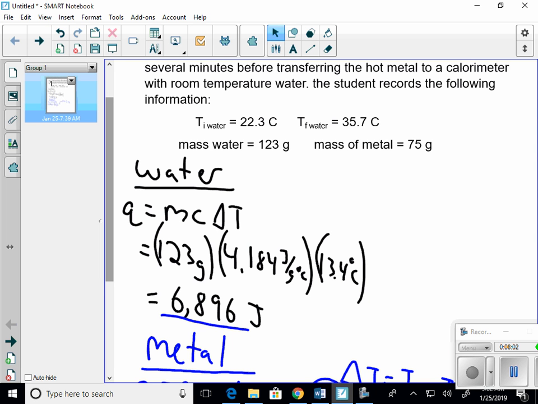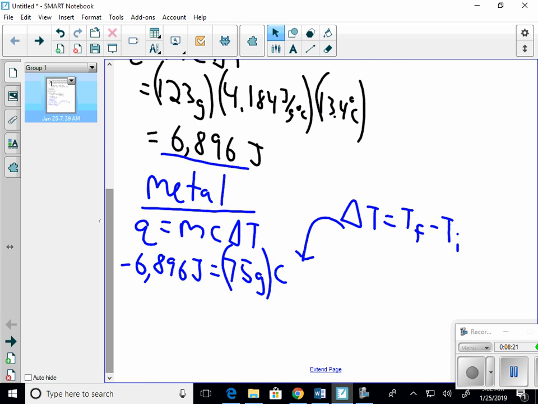I mean, if we let it sit out all day, I suppose it would get back to room temperature. It should be 35.7. Everything in that cup at some point is going to reach the same temperature. Remember, hot things are going to get a little colder, colder things are going to get a little hotter. There's going to be a balance that's reached over time. So, final temperature is 35.7.